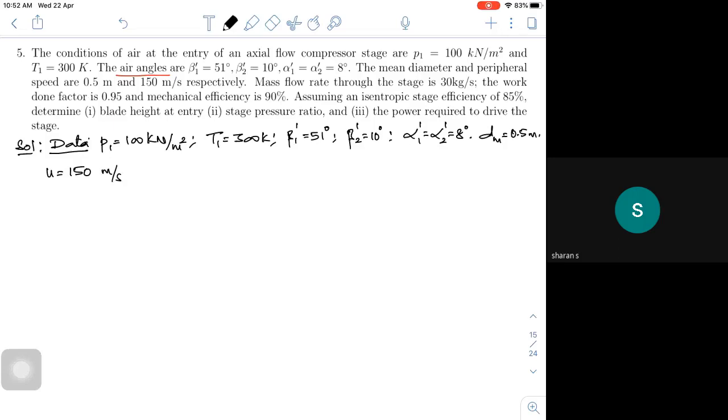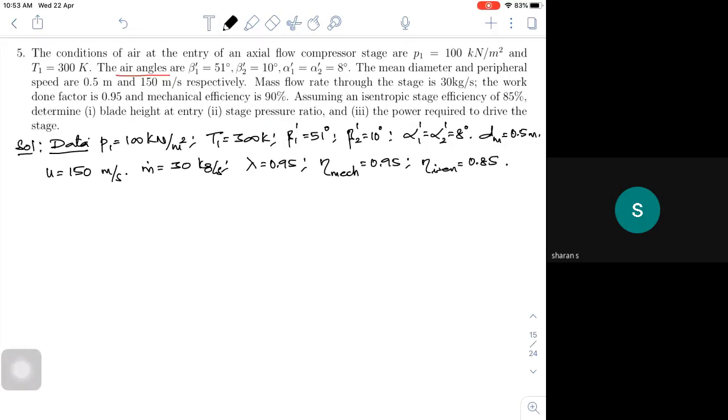They have given the mass flow rate, which is 30 kg per second, and the work done factor, lambda, hope you remember, which is 0.95, and the mechanical efficiency, which is 0.95, and the isentropic efficiency is 85%, which is 0.85.